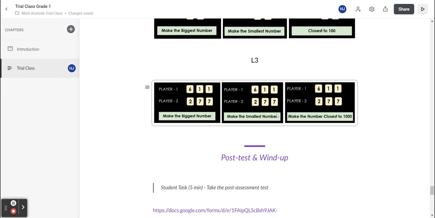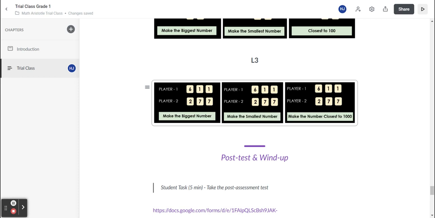Now the smallest number is possible when the hundreds digit is less, the tens digit is also less. So that could be 116. Now for player 2, it would be 277.